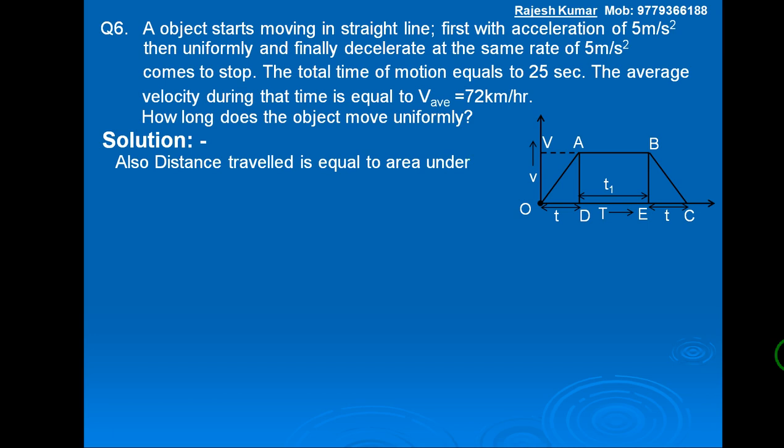Also, distance travelled is equal to the area under the VT graph.